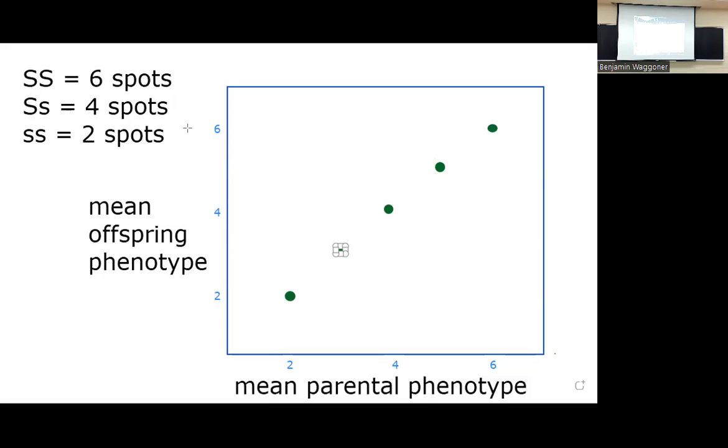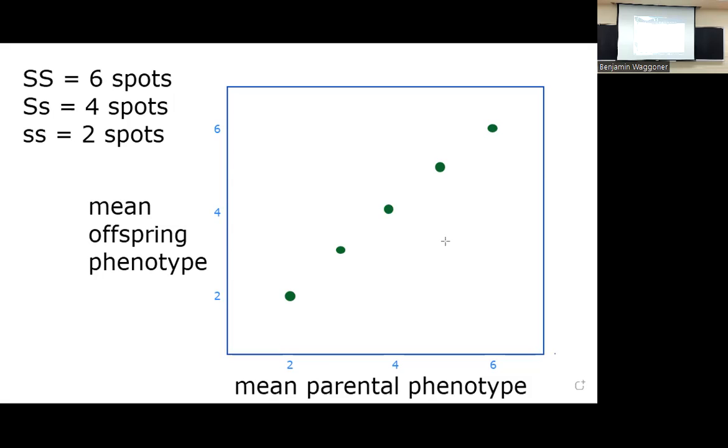So take the average of 6, 4, 4, and 2. That's 16 divided by 4, which is also 4. So we can put another spot right there on top of that one.